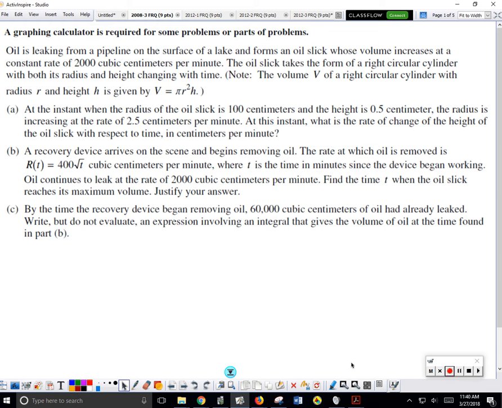So again, I always try to model what I would do if I were actually taking the test. I've never seen the problem before. It says oil is leaking from a pipeline. Probably circle oil.